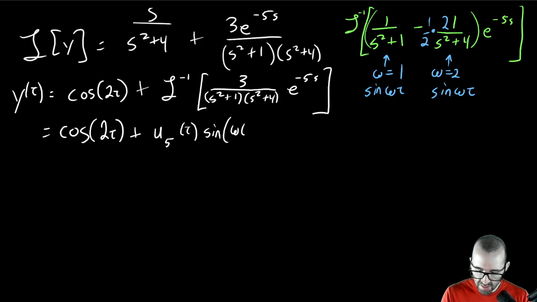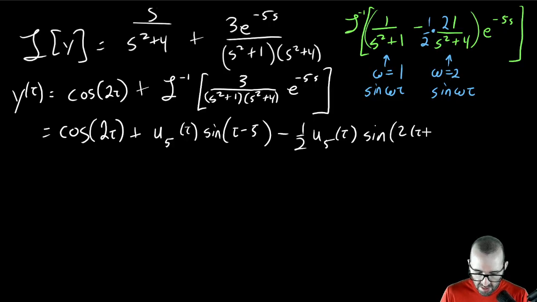And omega is just 1, so it'll just be t minus 5, like so. And then this becomes minus 1/2, the same thing, basically. But now omega's 2, so it'd be sine of 2 times t minus 5, like so.